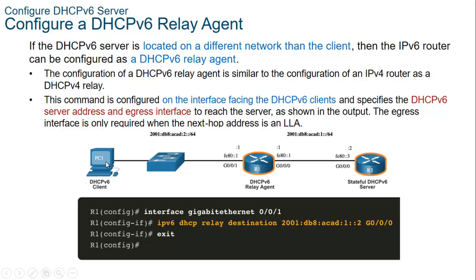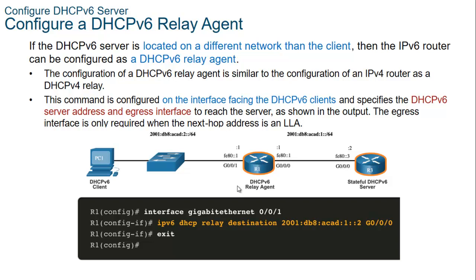So this client here, when it broadcasts to the network to ask for information from the DHCP server, that broadcast will not reach the DHCP server because it is in a different network. So this router in the middle has to play the relay agent. If you say, oh, you are broadcasting for DHCP, I will forward it.